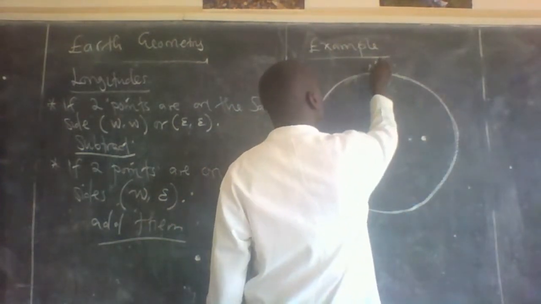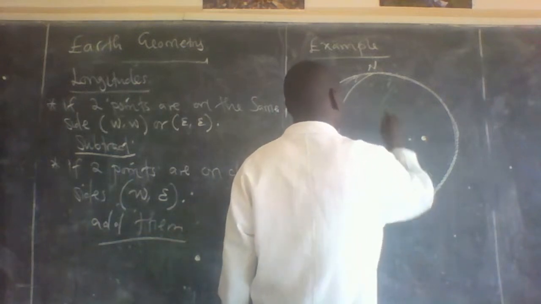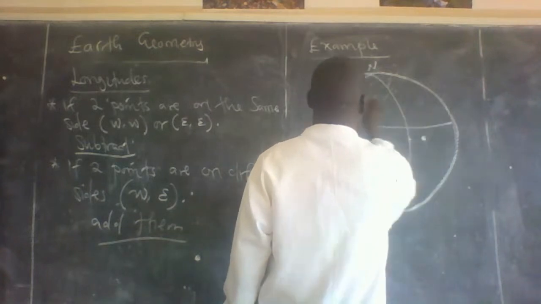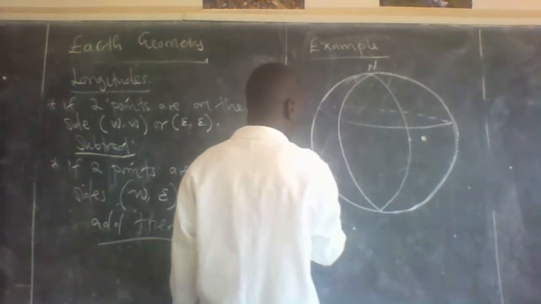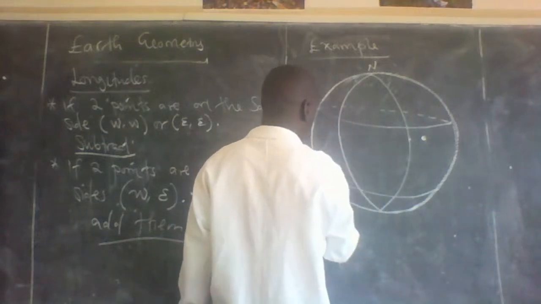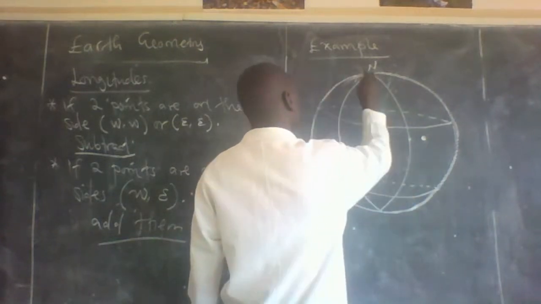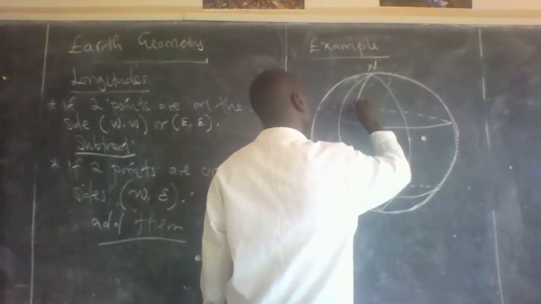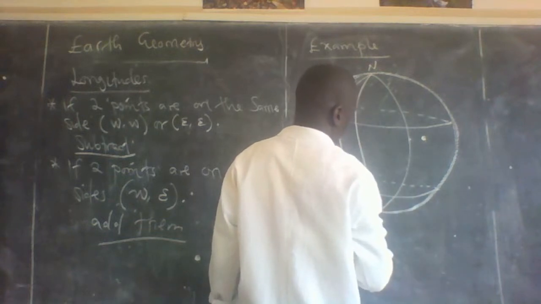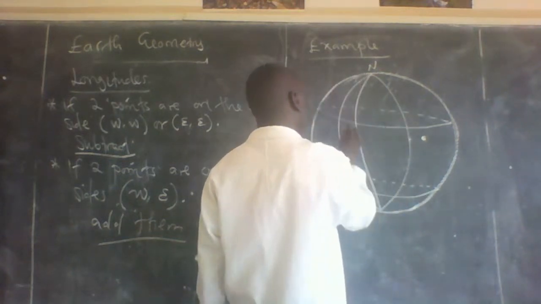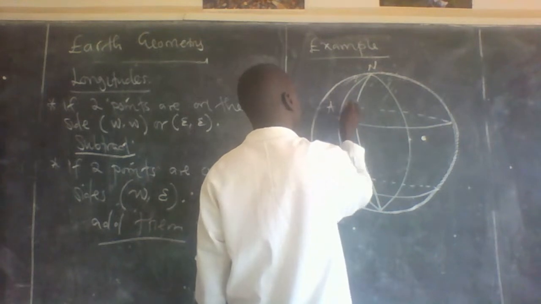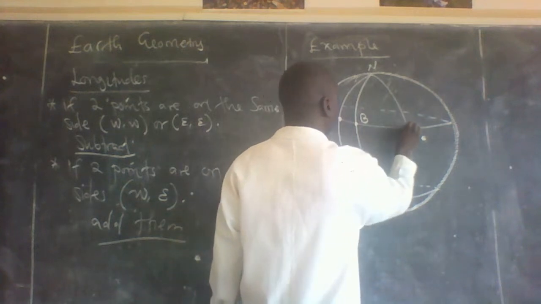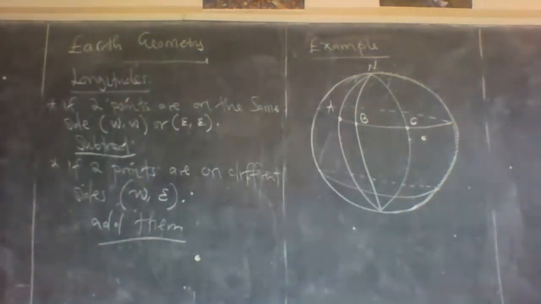So we can have the north here, then the other one here. I'm not even interested in these latitudes anyway. Then again, you have another one here. So we have this point here, point A, this point here, point B, this point here, point C.